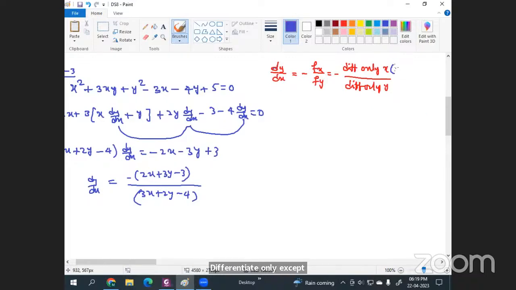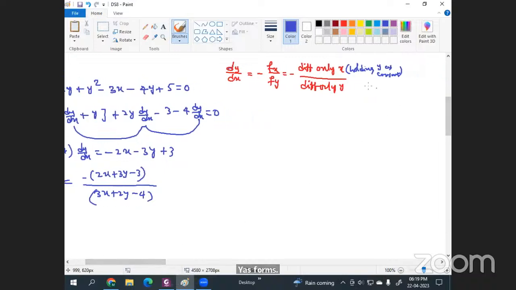Means holding y as constant, and holding x as constant. Right? Minus fx by fy equal to minus differentiate only x by differentiate only y.